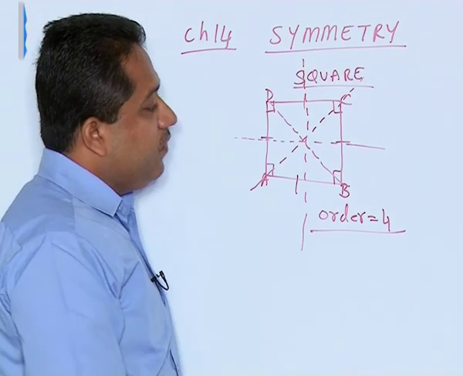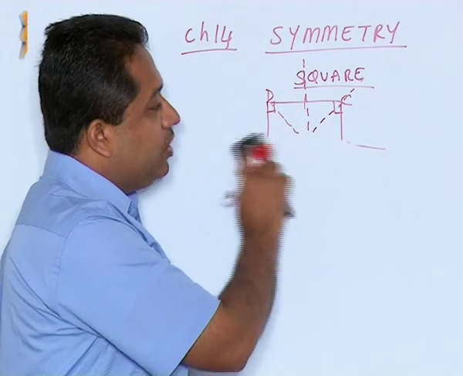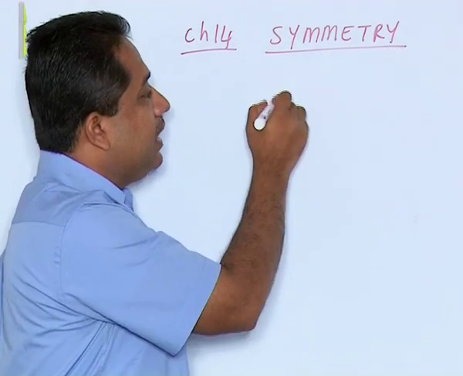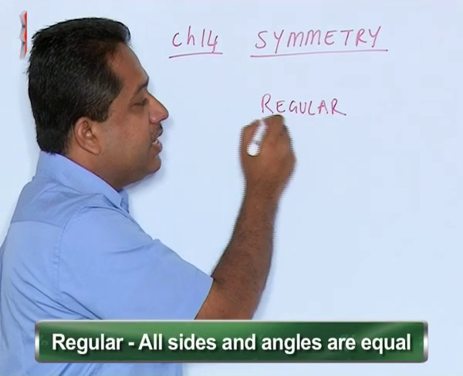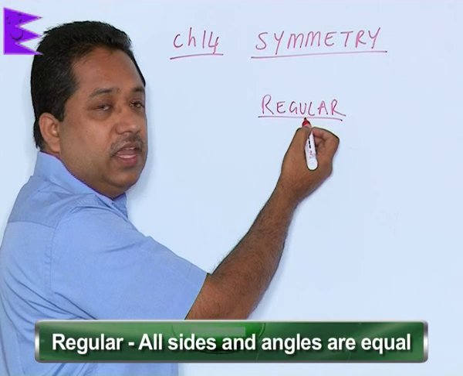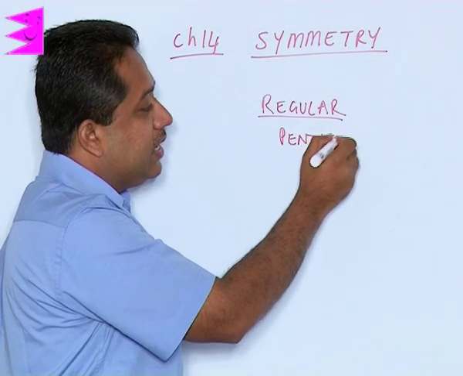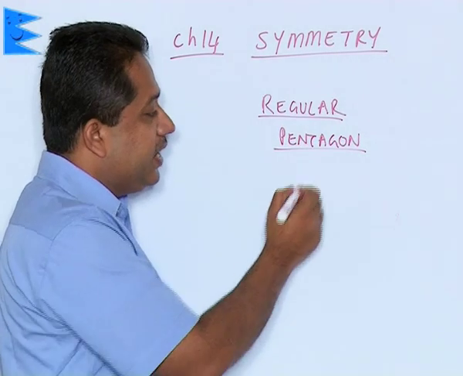Now if we increase the number of sides from square to, let's say, a pentagon, and that too a regular pentagon. When it is mentioned regular, it means that all sides and angles are equal. Now if you consider the case of a regular pentagon, pentagon means it is a figure with 5 sides.